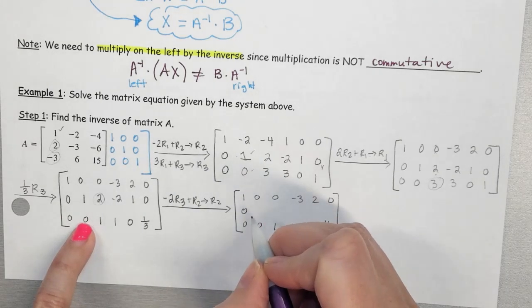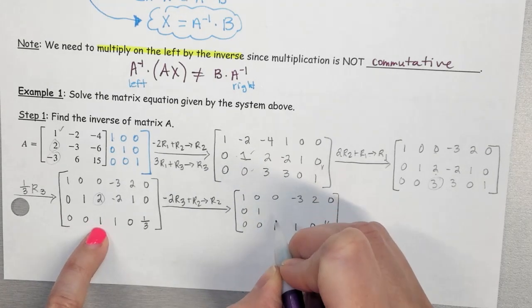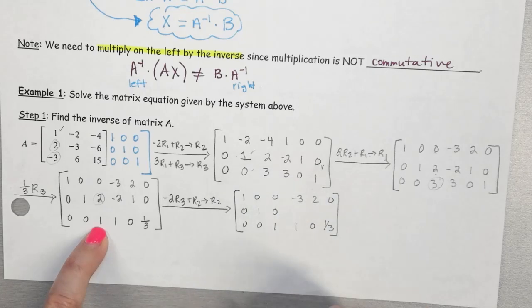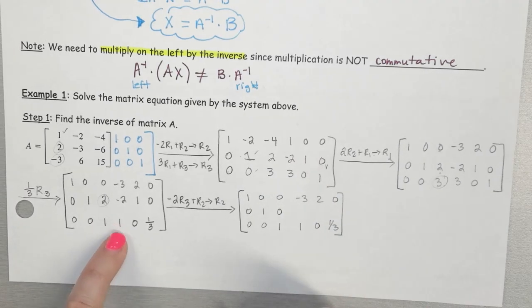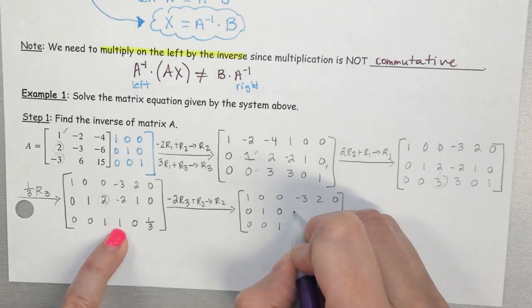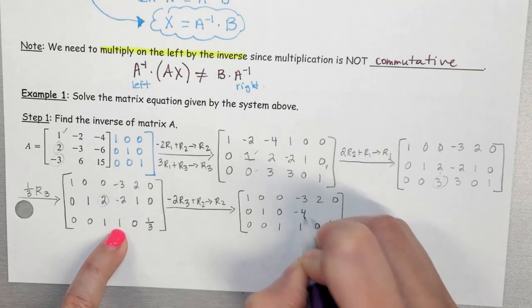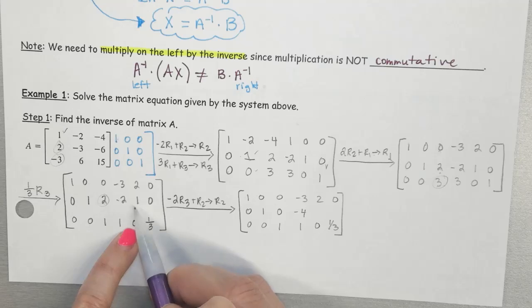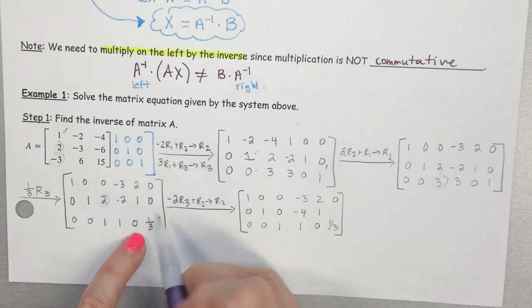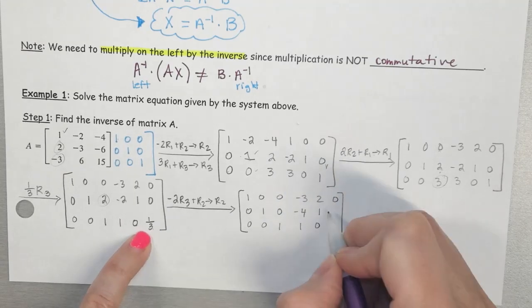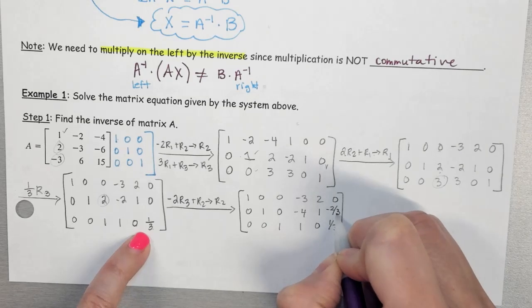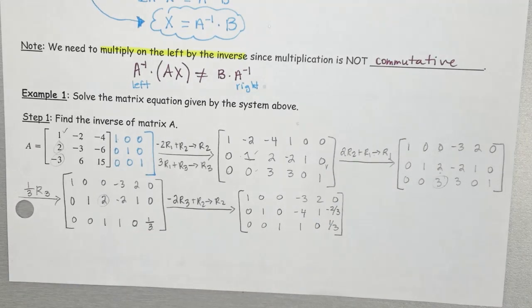This will be 0 plus 1. This will be negative 2 plus 2, which will be 0. This is negative 2 plus negative 2, which will be negative 4. This will be 0 plus 1. Negative 2 times 1/3 is negative 2/3, and then I'm adding that to 0, so it's not so bad.